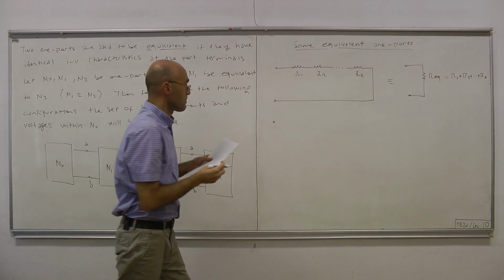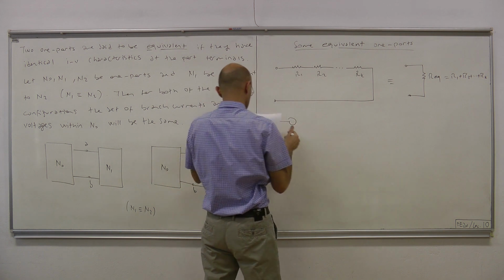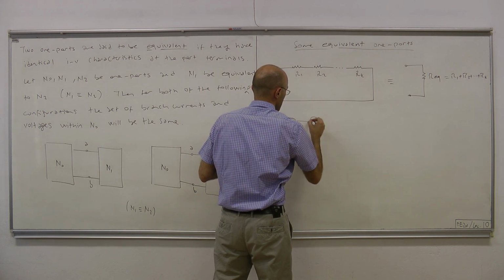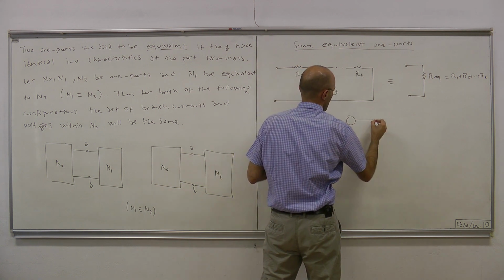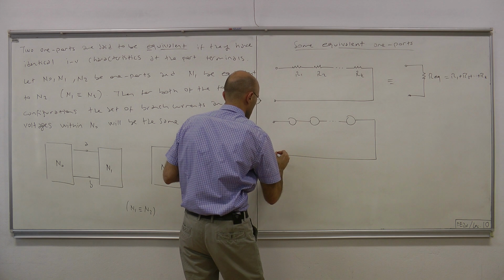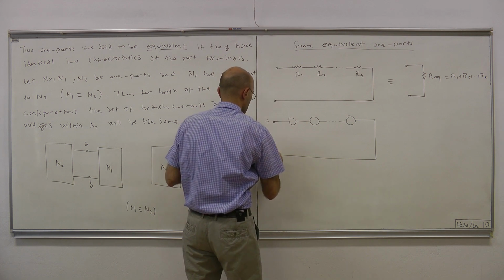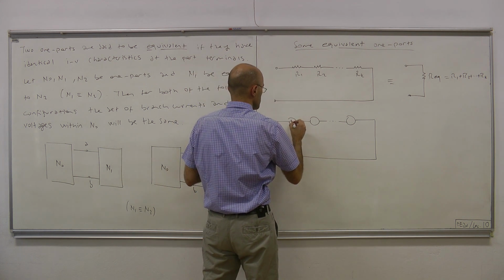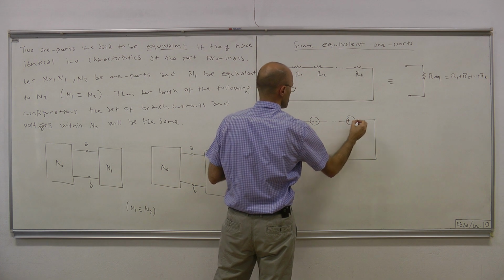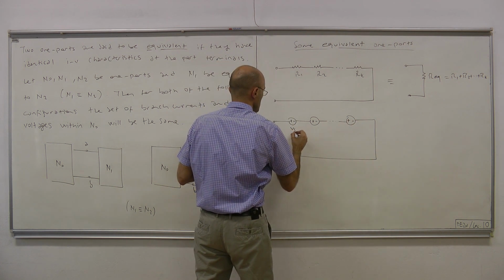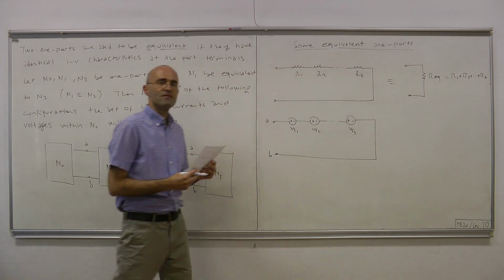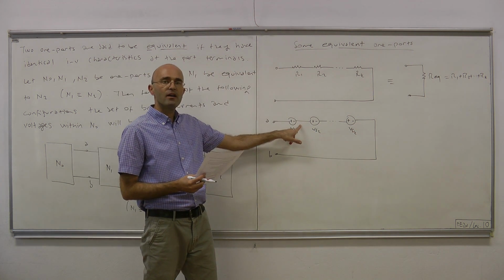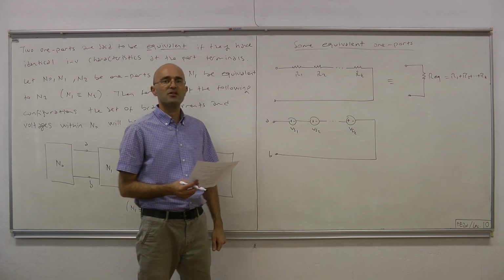independent voltage sources. Suppose that we have a bunch of independent voltage sources connected in series. A, B, plus minus, plus minus, plus minus, and so on. This is VS1, this is VS2, this is VSK. This is the voltage supplied by this source, this is the voltage supplied by that source, and so on.